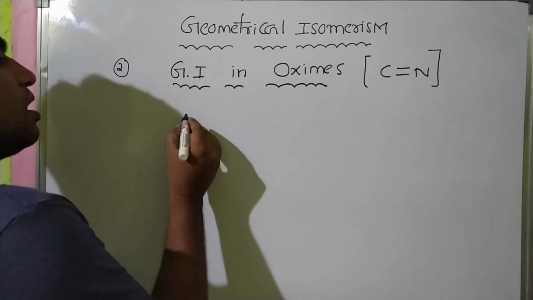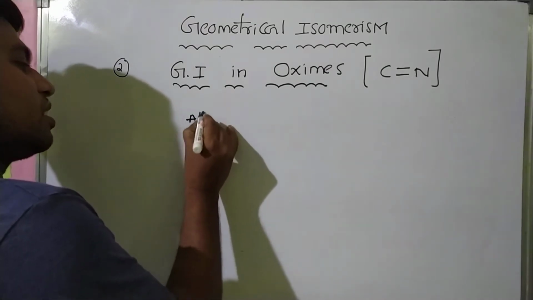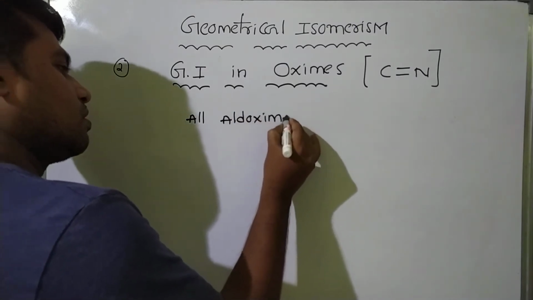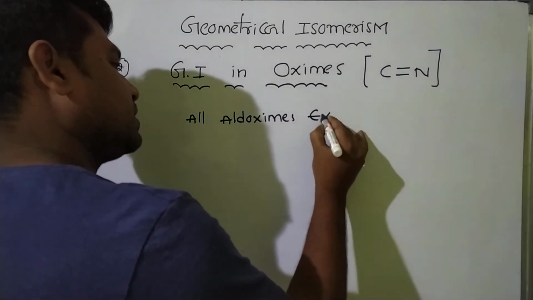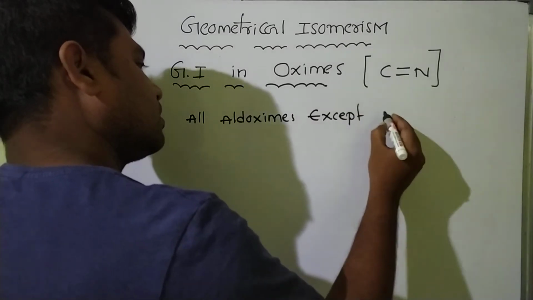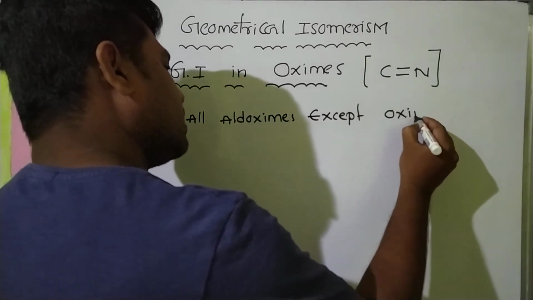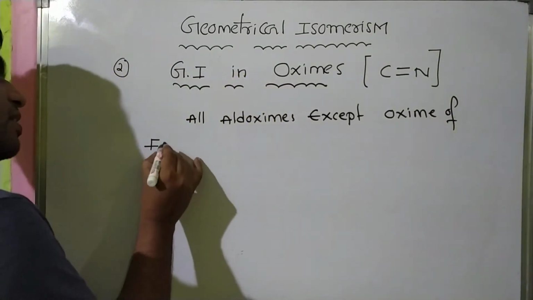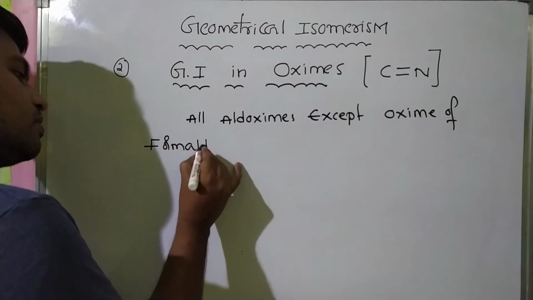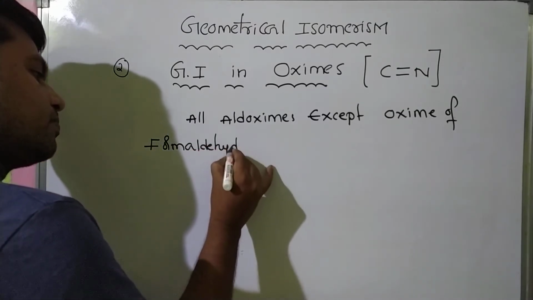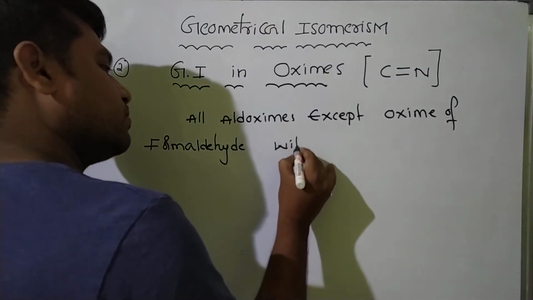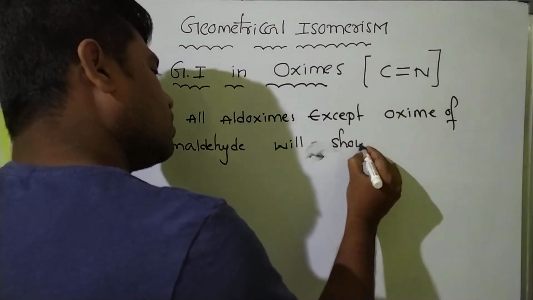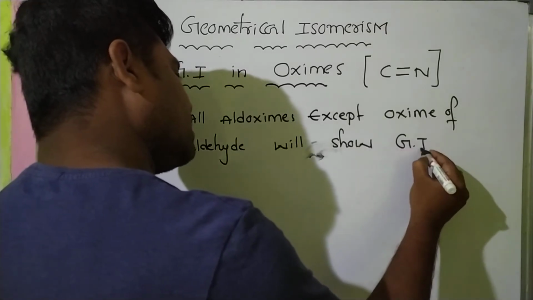Next, all aldoximes except the oxime of formaldehyde will show geometrical isomerism.